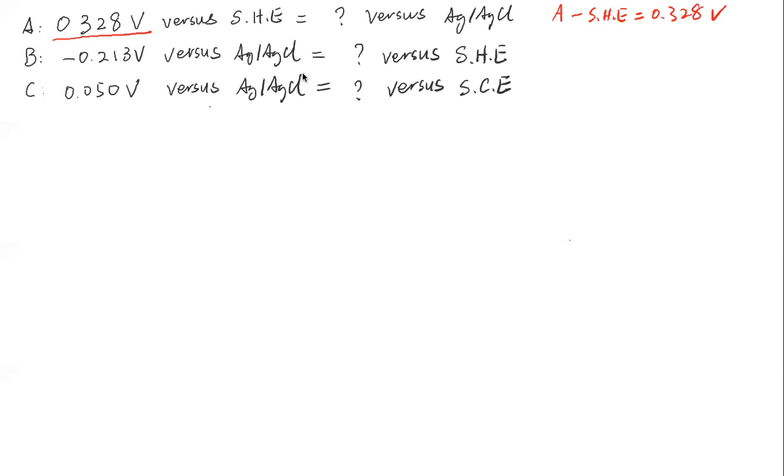And then it was asking for what is the voltage if we use silver chloride as a reference electrode. So what we're looking for is whatever the voltage for A is, subtracted by silver chloride, what is the voltage? Basically you're using different references and you're trying to calculate what the voltage is.